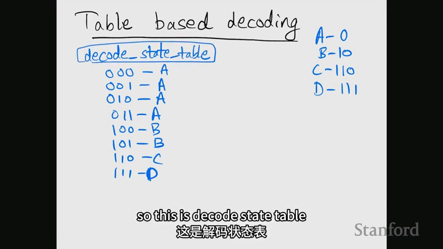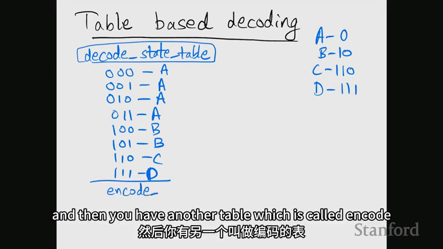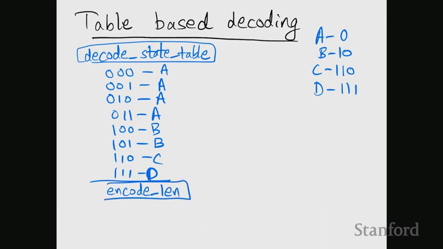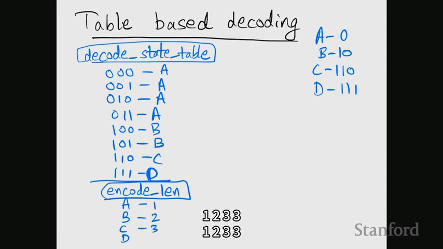So this is the decode state table. And then you have another table which is called encode len, which is A, B, C, D, with lengths 1, 2, 3, 3.